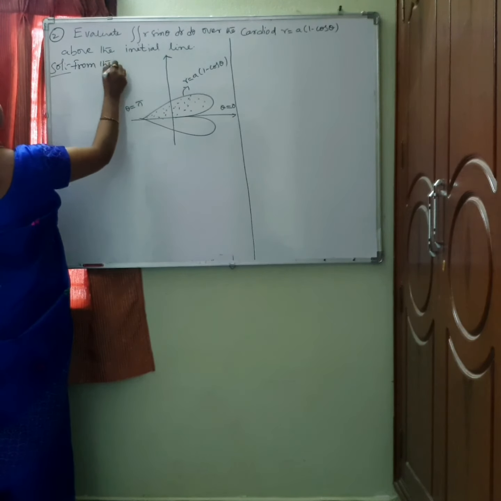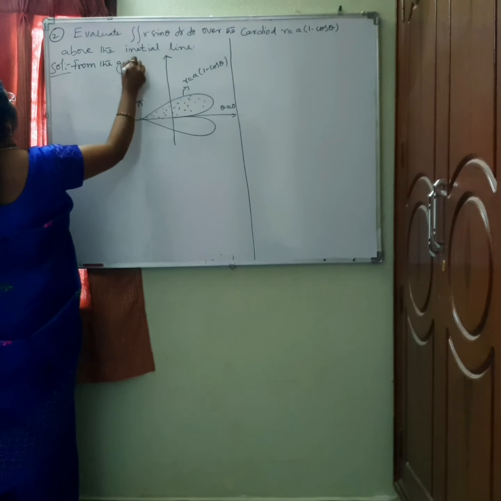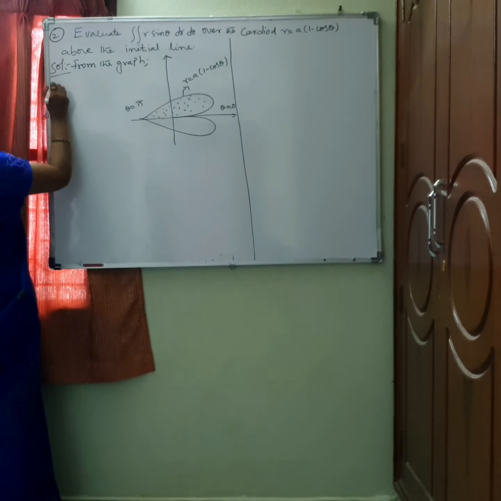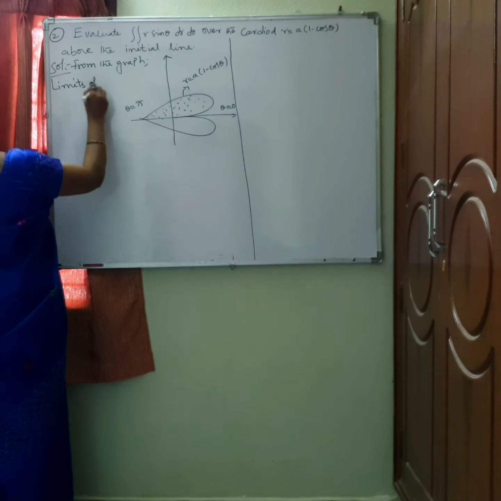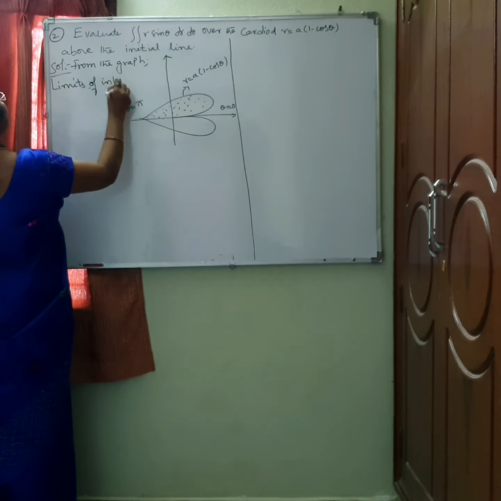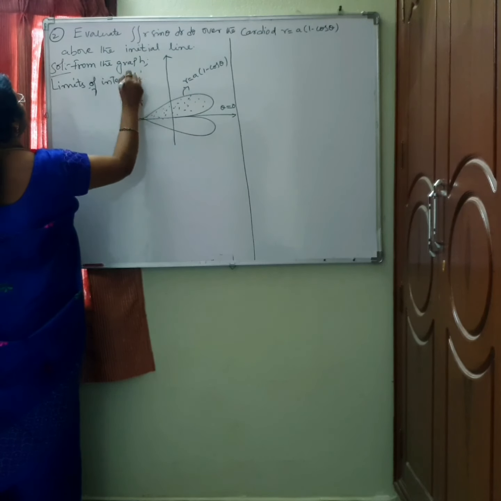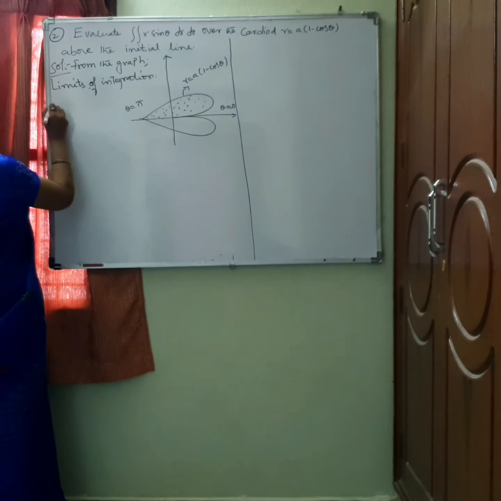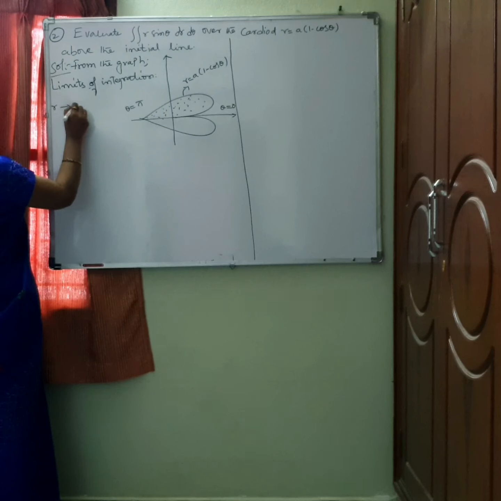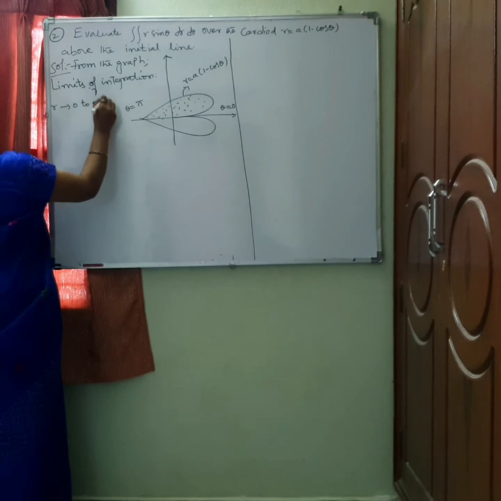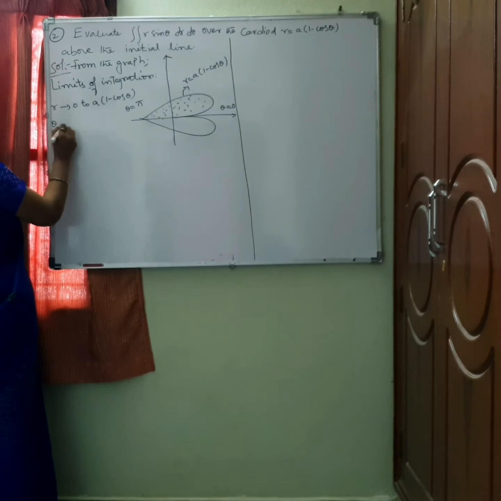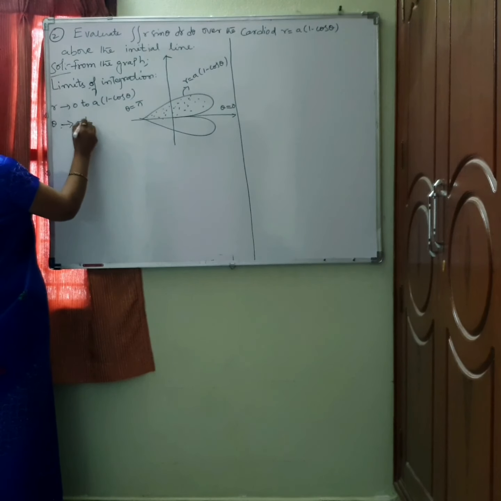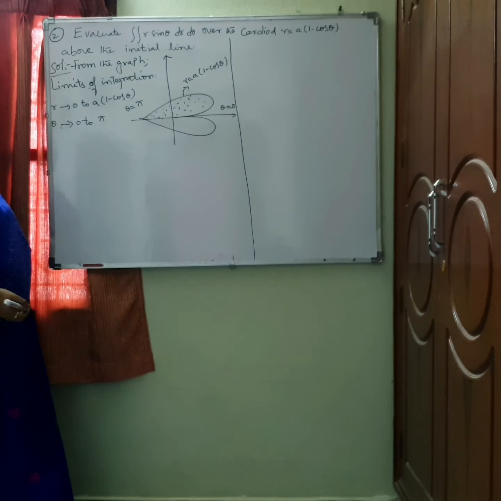To evaluate the given integral, you have to write the limits of integration. What are the limits? r varies from 0 to a into the curve itself, 1 minus cos theta, and above the initial line means theta varies from 0 to pi.